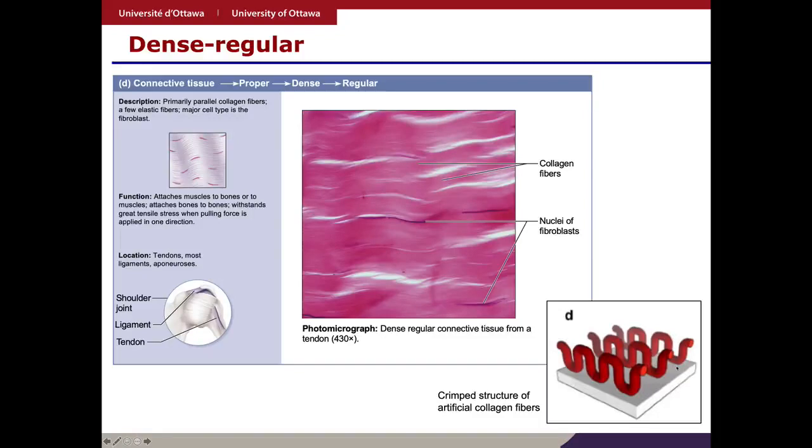Tendons are fibrous bands of dense regular connective tissue that connect muscle to bone and are able to withstand tension. Ligaments are short bands of tough, flexible, dense, regular connective tissue that connect bones together, and aponeuroses are flat, sheet-like tendons that attach muscles to other muscles or to bones.